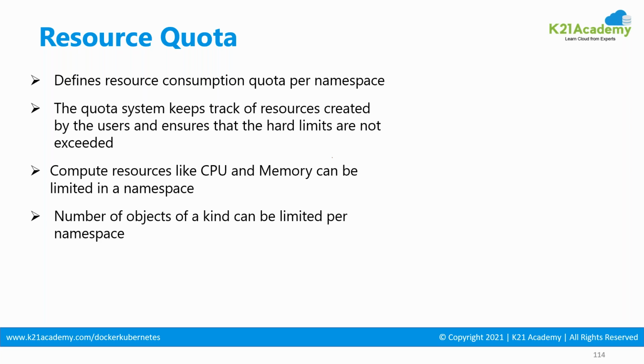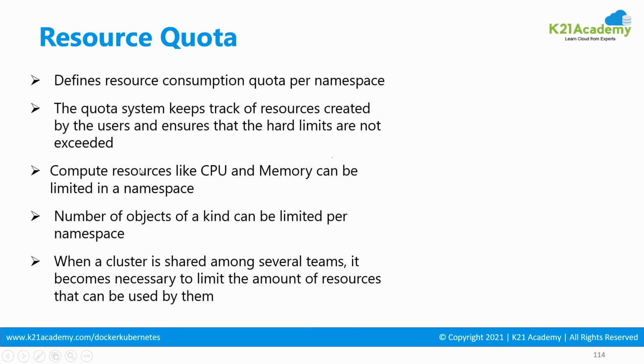You can control that, so that you should not allow more than 10 pods or more than 10 services inside one namespace. We can define that inside the resource quota, and I will show you how to do that.